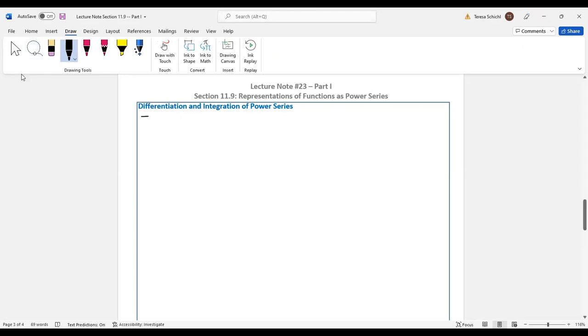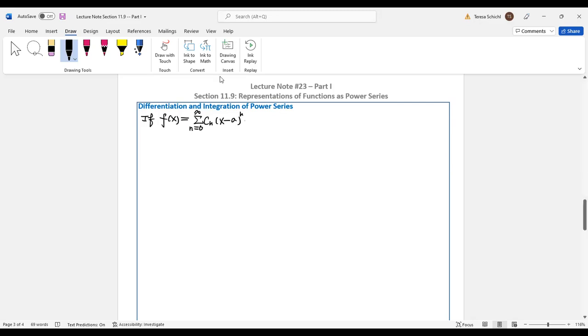So let's say we have a function f of x as a power series, the sum from n equals 0 to infinity of c_n times (x minus a) to the nth power.